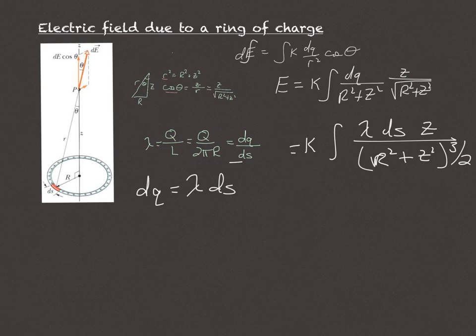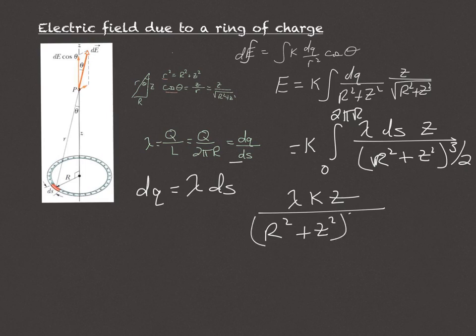Now r, the radius of the ring, is constant, the distance from the ring is constant, so z and r are constant, the lambda is constant, so the only thing that's not constant is that ds, which would be the small section of that wire, so we have to make sure we integrate over the entire length of that wire. So we're going to have lambda k z over r squared plus z squared to the 3/2.